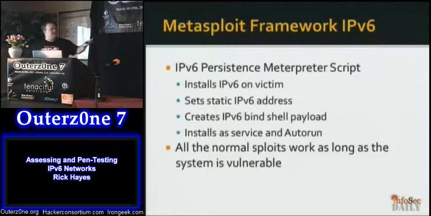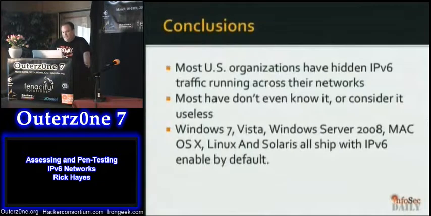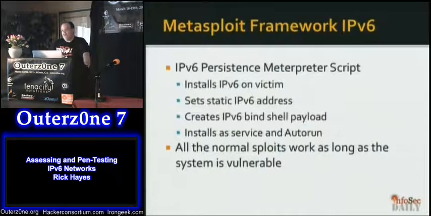Then, again, the normal exploits that are included all work. MS06-040 works just as well on V4 as it does on V6. So don't forget to try those when you're starting to map out the V6 networks. The reason that becomes important is that as you start moving within a network, most folks have IPSs, sensors, whatever, that they're using to monitor your activities.